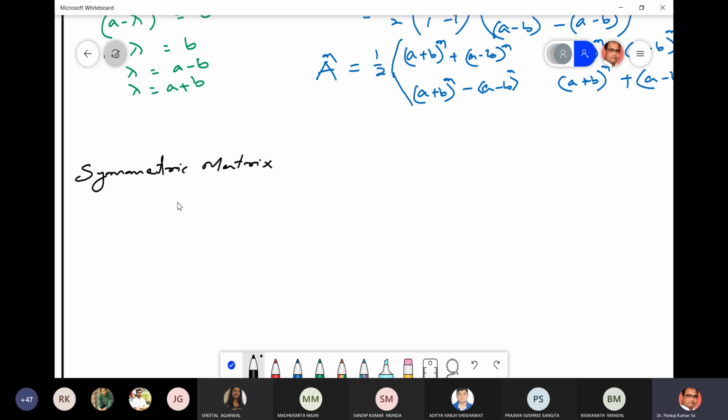Symmetric matrix, or so to say, S is equal to S transpose, right?